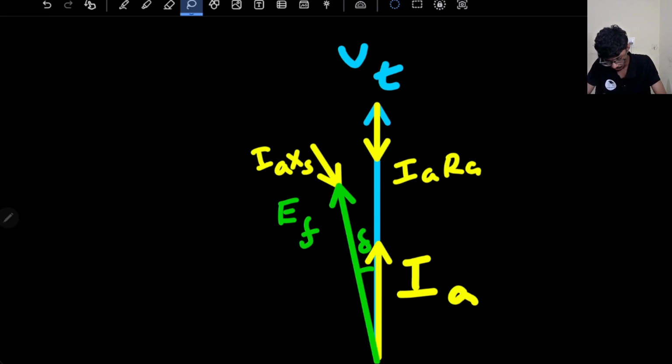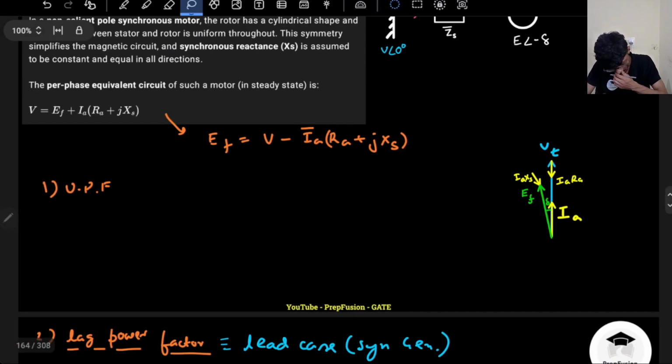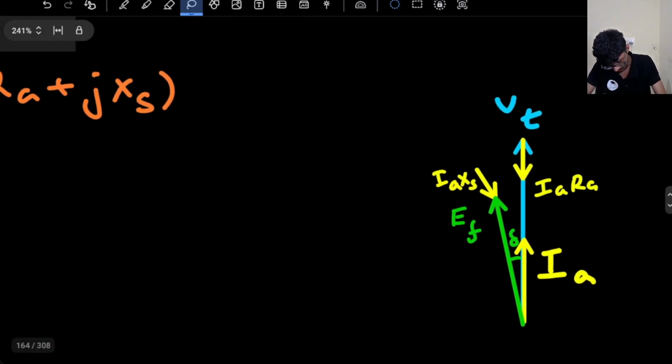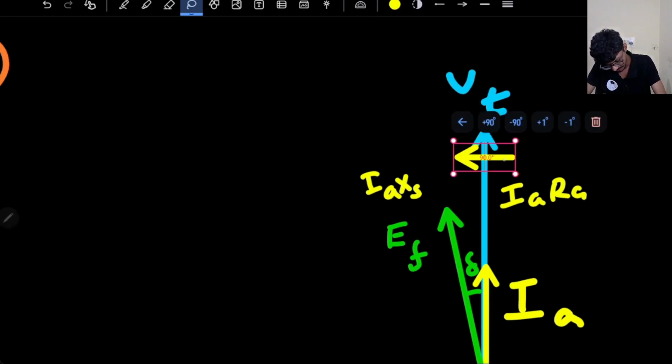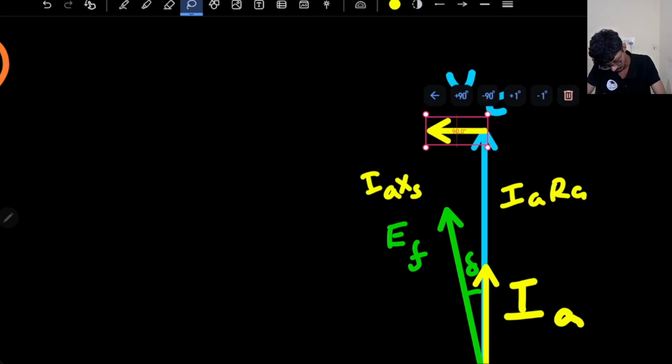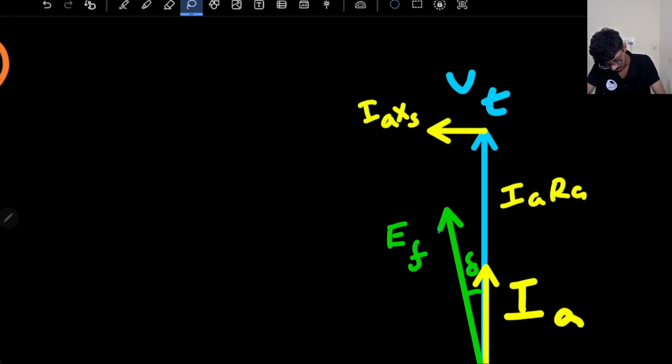What about IA XS? Minus j into IA XS will be minus 90 degrees of this, so it will be here. This will be minus j into IA XS, and this will be my EF.